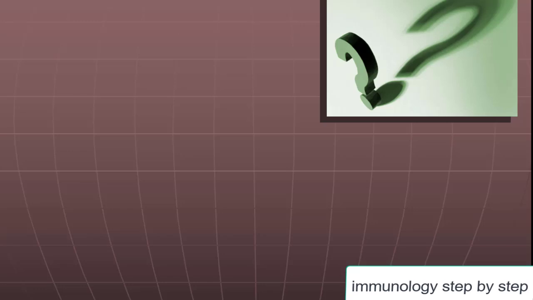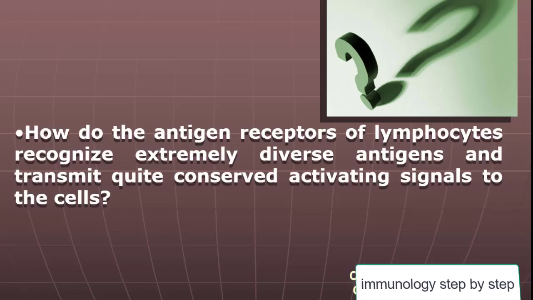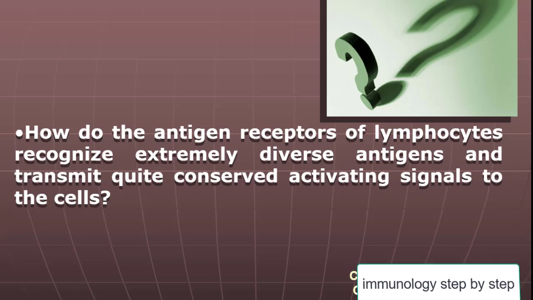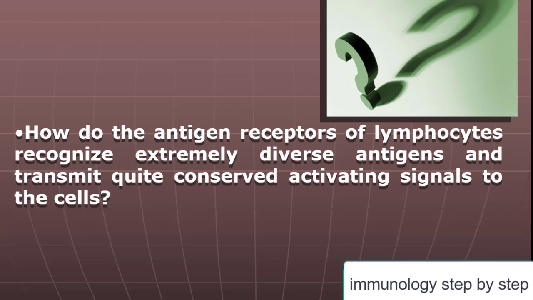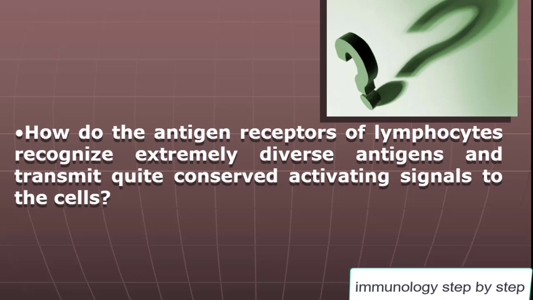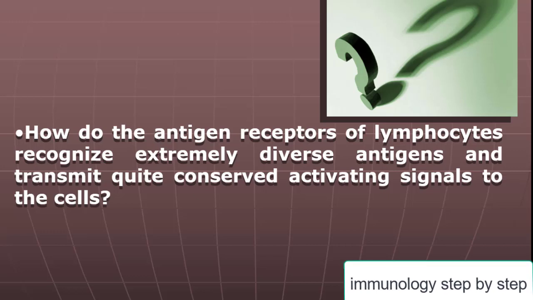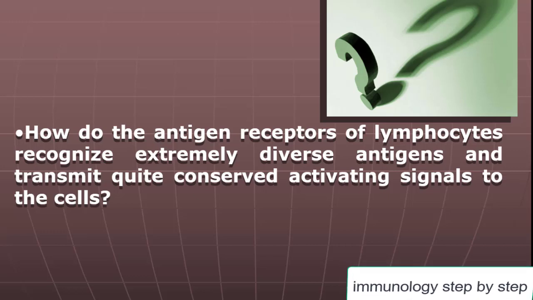These features of lymphocyte recognition and the antigen receptor raise two important questions. How do the antigen receptors of lymphocytes recognize extremely diverse antigens and transmit quite conserved activating signals to the cell?